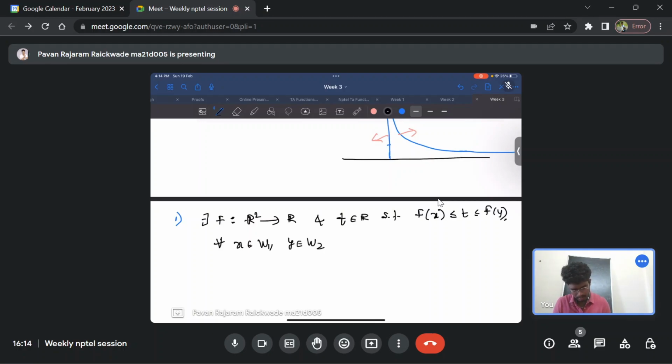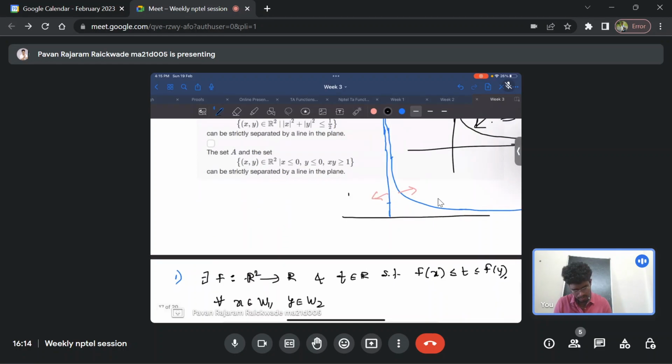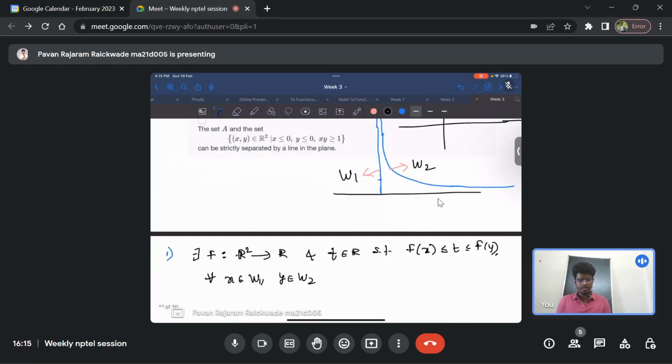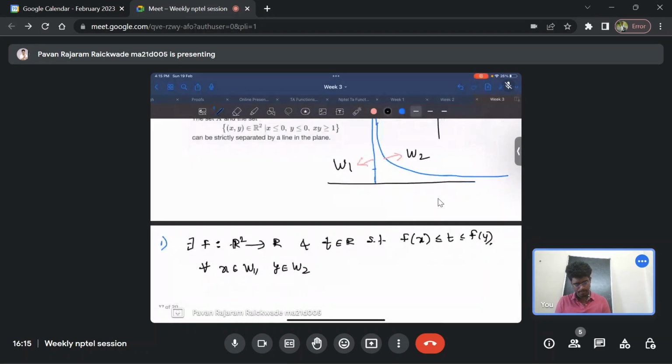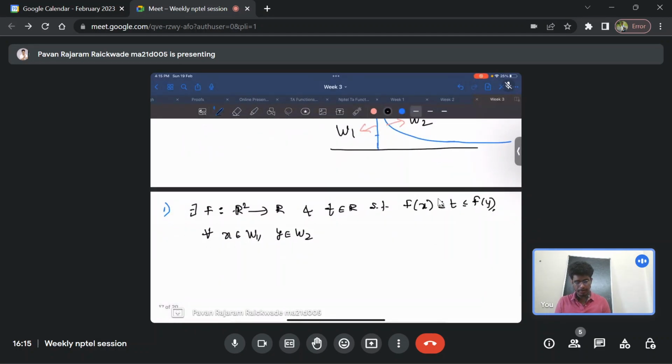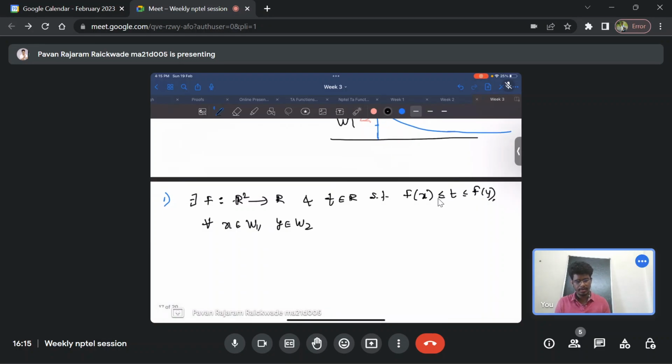Here this is W1 and this is W2. If at all there exists a line which separates these two curves, then this should happen. I will show that this cannot happen. Not less equal, one has to be strictly less than.